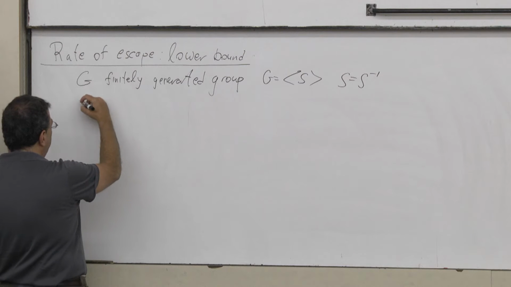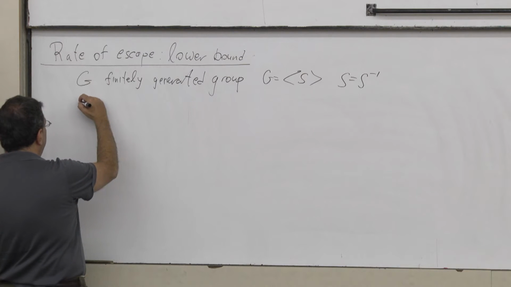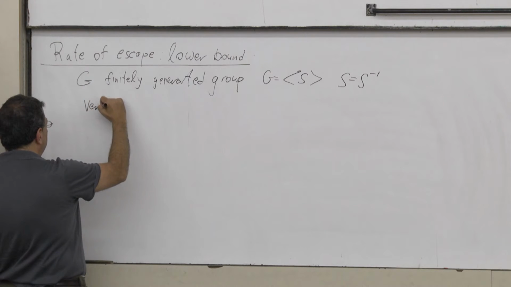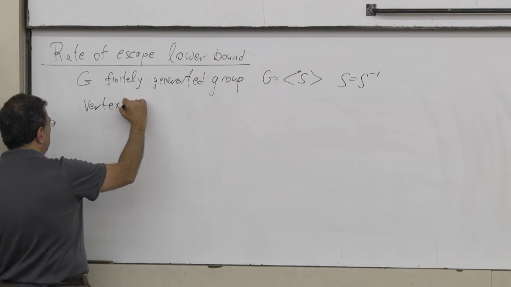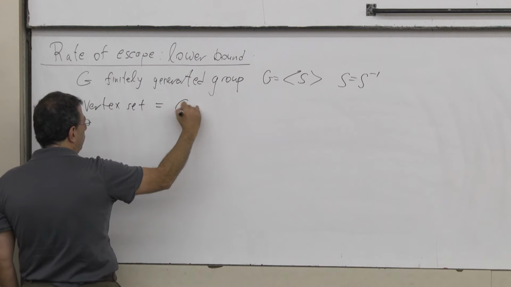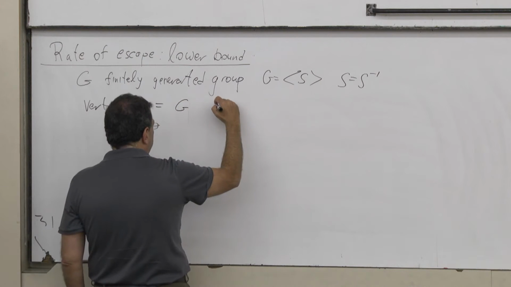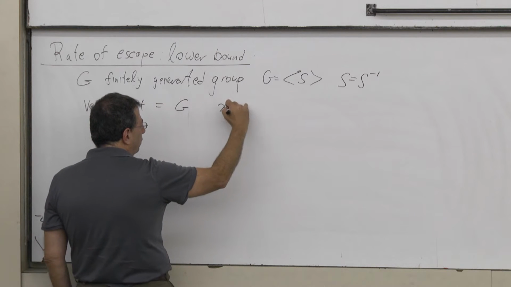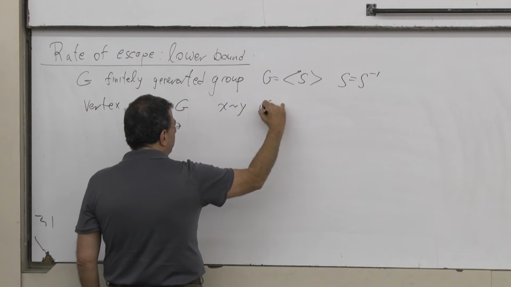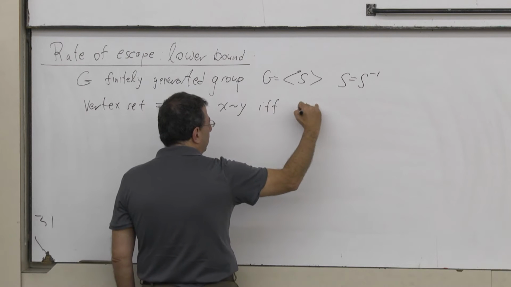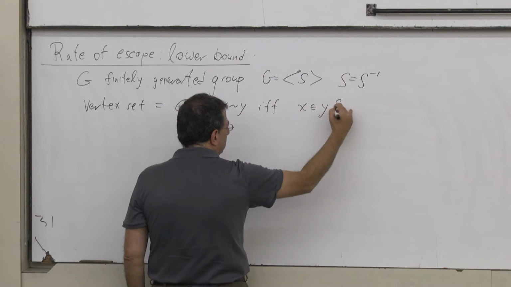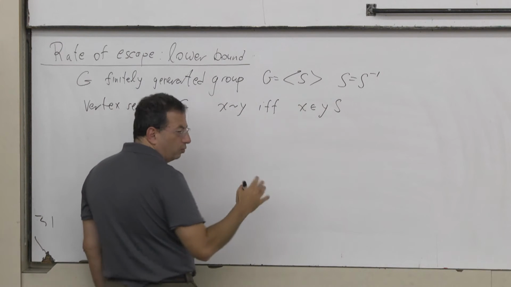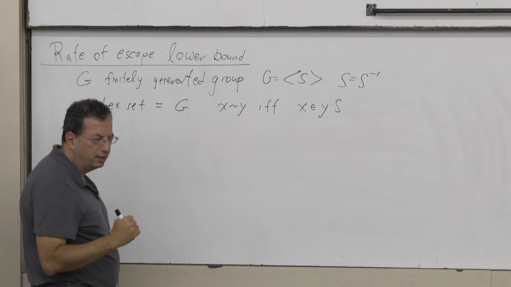And so the Cayley graph has vertex set which is just the same as the group, and then we just have to define the edges. So x and y are neighbors if and only if x is in yS, and it's the same as y is in xS because S is symmetric.